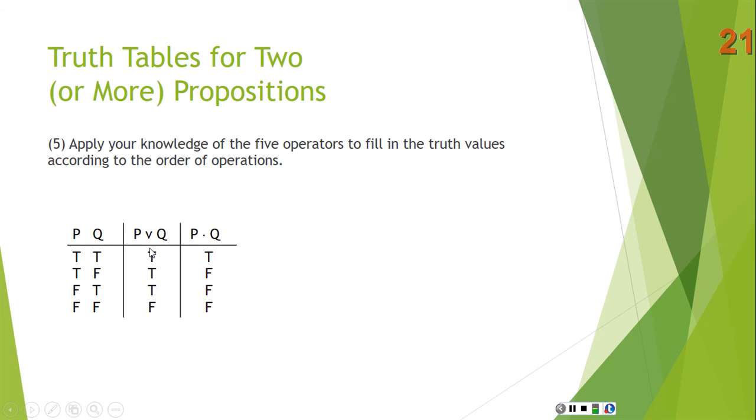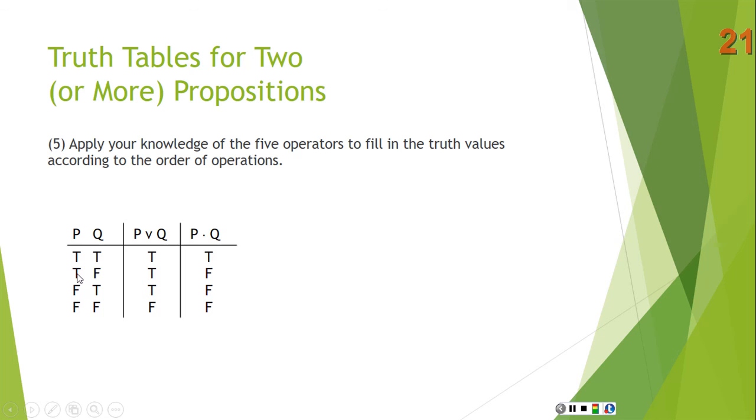Okay, so first, for step 5, you apply your knowledge of the 5 operators to fill in the truth values according to the order of operations. Okay, so here for P wedge Q, you have to figure out what the truth values are here. Whenever you have the left disjunct being true and the right disjunct being true, the whole statement comes out true. Just look at your truth table definition for the wedge operator, and it'll tell you that.